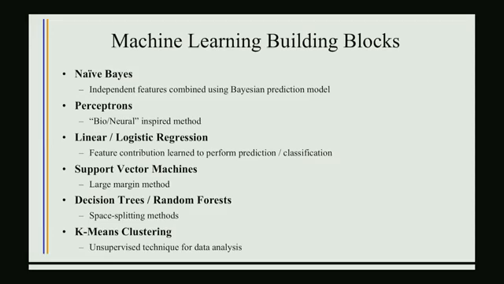The classical machine learning repertoire has things like naive Bayes, or perceptrons, or linear/logistic regression, support vector machines, decision trees, clustering. If you take a machine learning course, you'll go into the specifics of these techniques and the mathematical underpinnings of them.